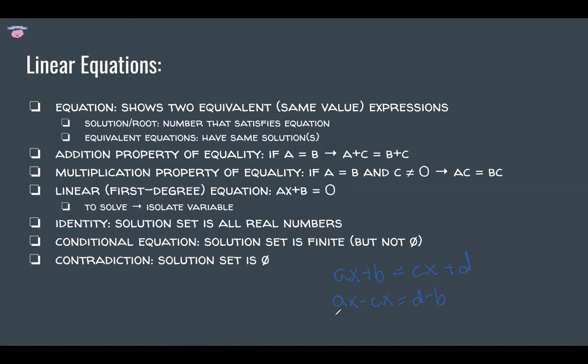And then you use the distributive property, a minus c times x is equal to d minus b. And then with this, you get x is equal to d minus b over a minus c. You can write this down if you want, or you can go through the steps. Either way, you have to know how to isolate the variable.